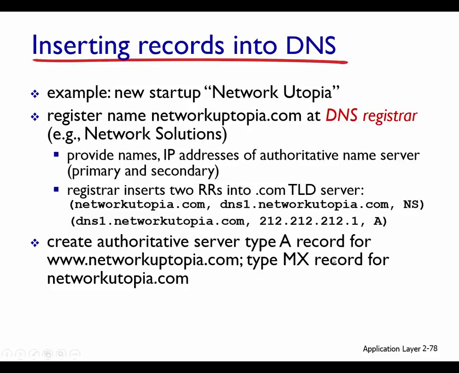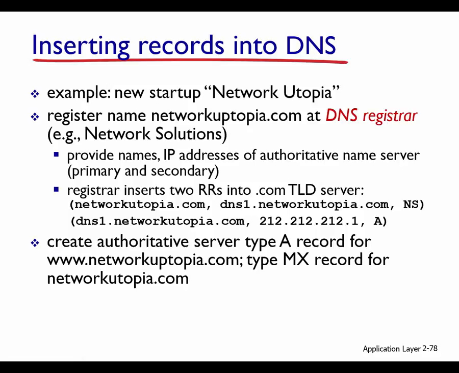So you have to go to your DNS registrar. As we mentioned earlier, Network Solutions manages the .com domain, so you have to go to them to register your name. Once it's officially registered, you're going to provide the names and IP addresses of your authoritative name server and get that into the system.